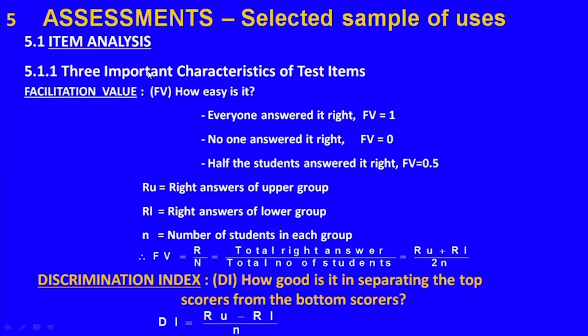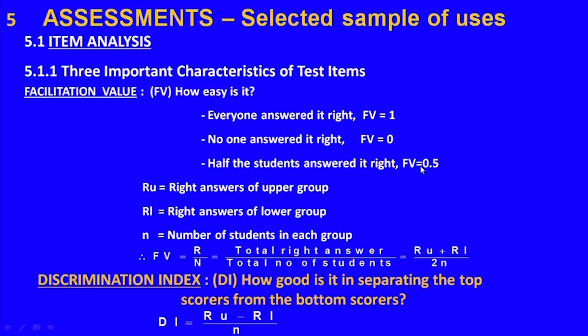So FV basically codes how easy an item is. If everyone answered it right, FV is 1. If no one answered it right, FV is 0. If half the students answered it right, FV is 0.5. Our calculation immediately becomes dead simple.